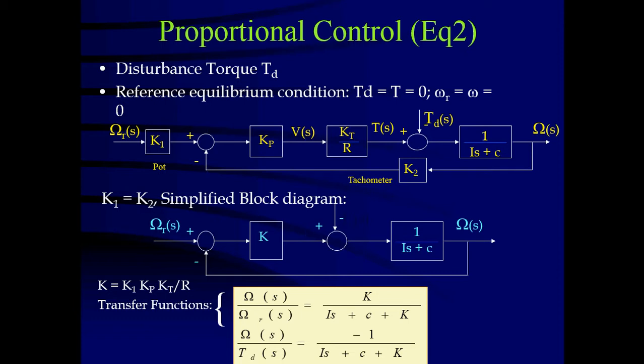And then in here, let's say we consider a disturbance torque. In this case, what do you have? You have your system here, you measure it, this is the tachometer, and this is your proportional control in here.